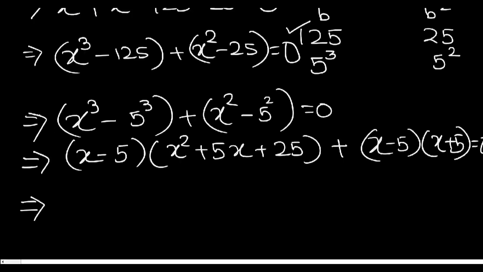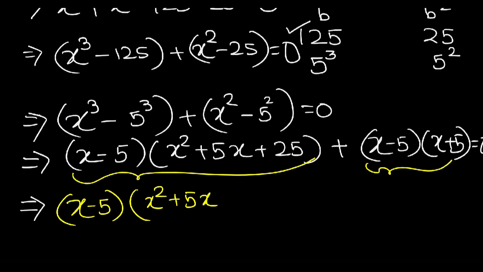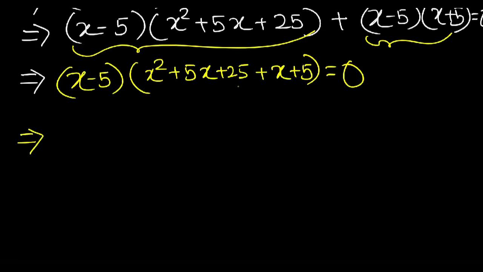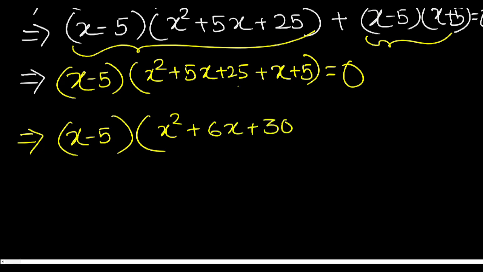Now from these two terms x minus 5 is common, so let us take x minus 5 as common. Then we can write x minus 5 whole multiply with, this is x square plus 5x plus 25. From this term we can take plus x plus 5 is equal to 0. Now we can write this as x minus 5 multiply with x square plus 6x plus 30 is equal to 0.